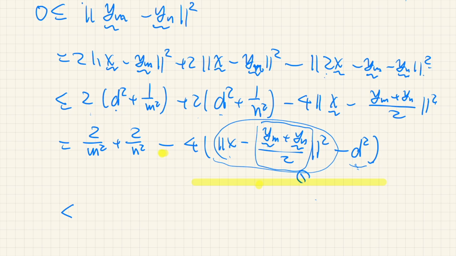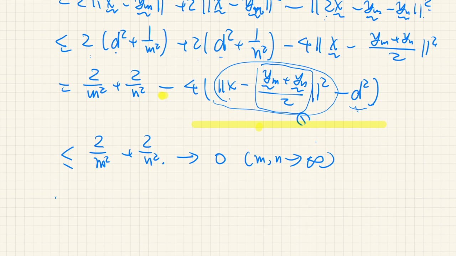So if we discard this one, this quantity should be less than or equal to 2 over m squared plus 2 over n squared. And this converges to 0 as m and n go to infinity. So that means the sequence yn is a Cauchy sequence.